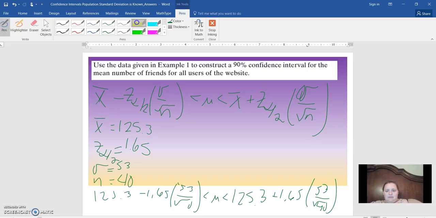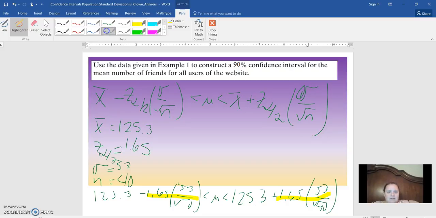All right, and I always do the margin of error part first. So on the calculator, 53 divided by square root 40 is 8.38, times 1.65, so 13.8.